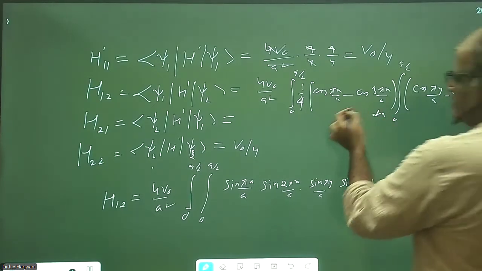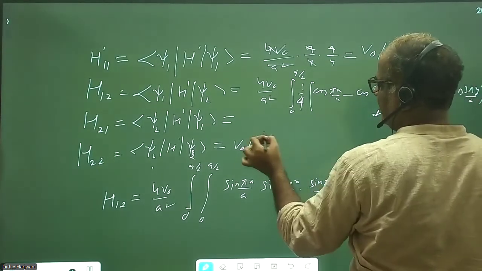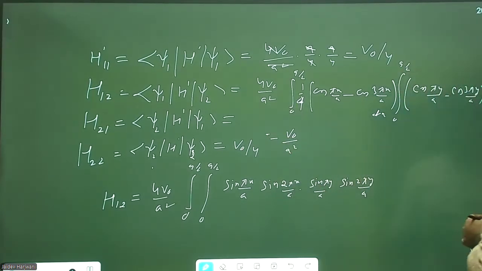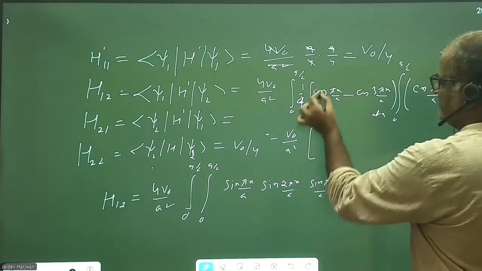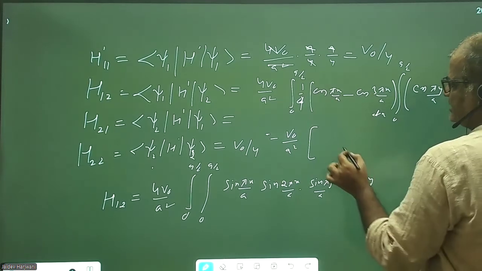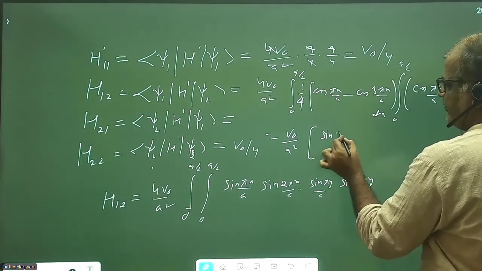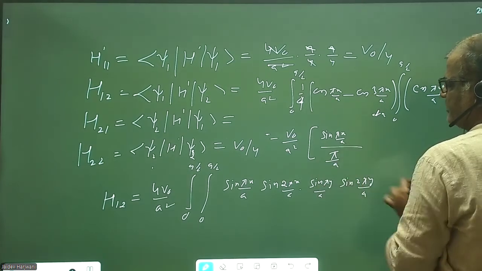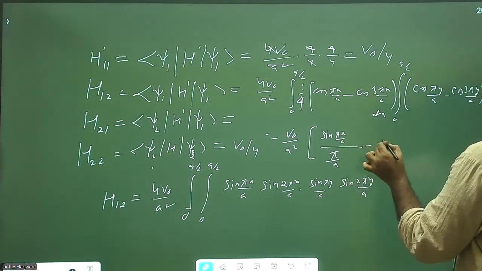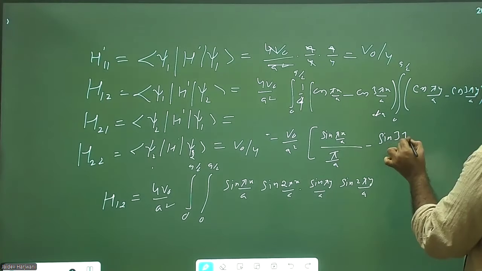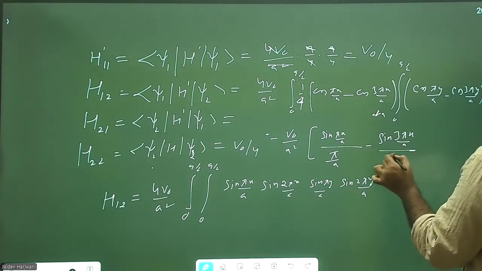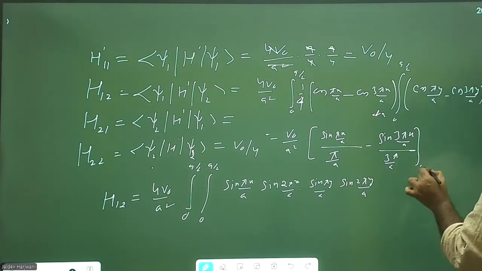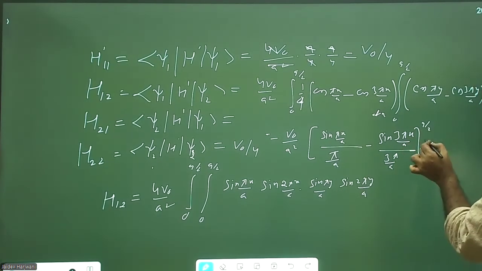So let us now solve this one; by symmetry the other will be the same. So you have V naught upon A square, and I'm solving only this one. Cos pi x becomes sine pi x by A with pi by A, and here sine 3 pi x upon A with 3 pi by A, with limits 0 to A by 2. This will be the same as this one.